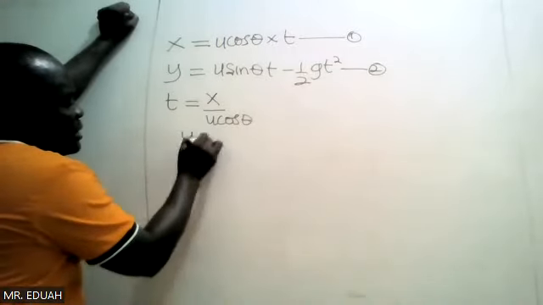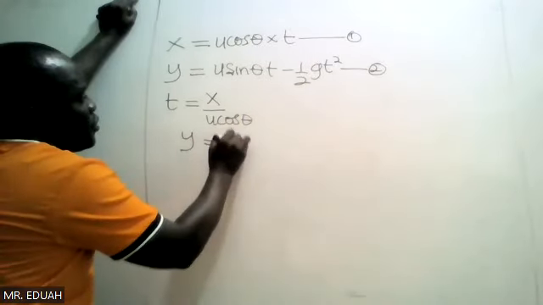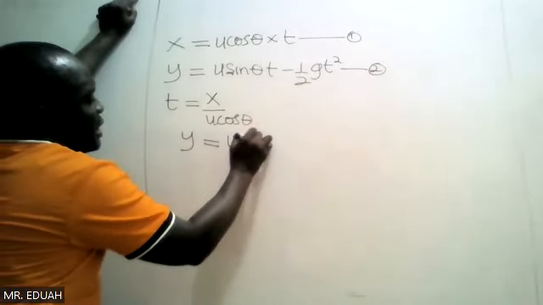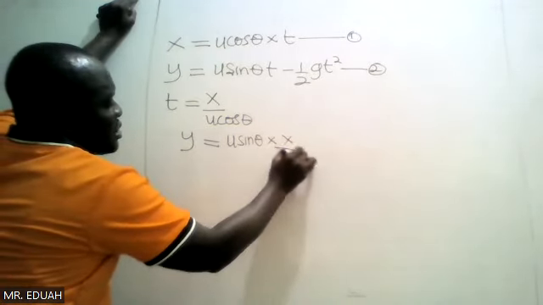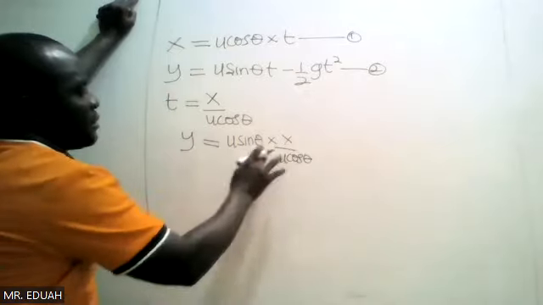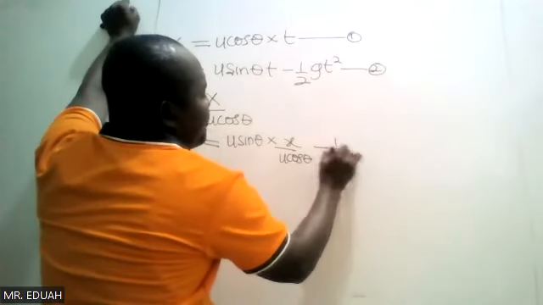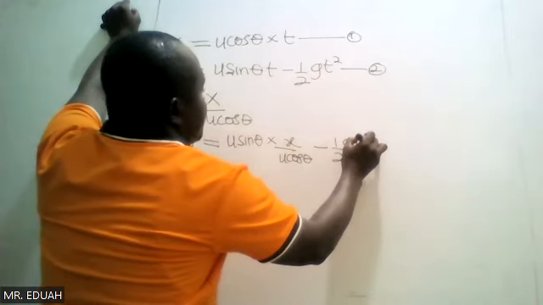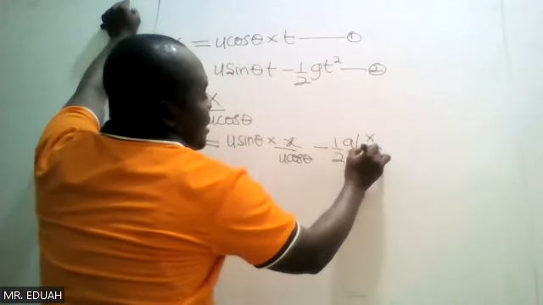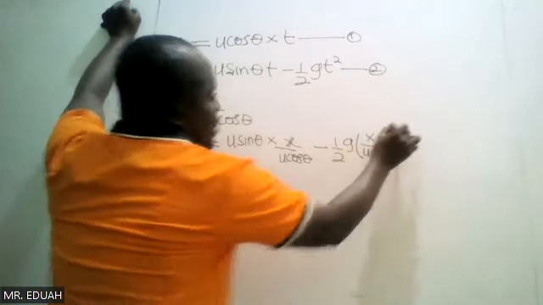When you substitute this into equation 2, you have u sine theta times x on u cos theta, minus half g times x over u cos theta, all squared.